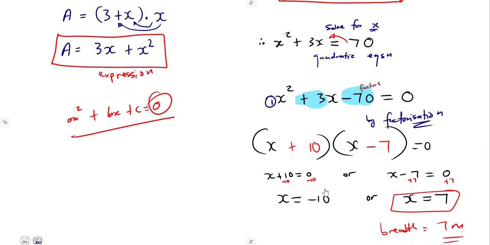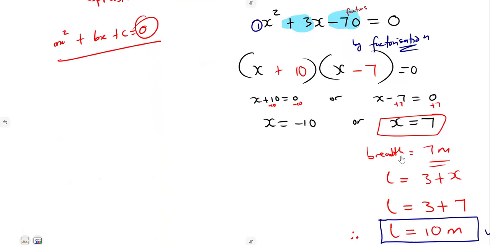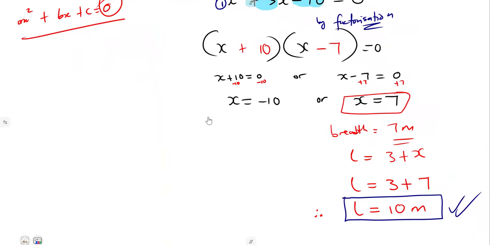It must make sense, the value of x. So for x being a negative, you can ignore it. Take the positive value. If our x is 7, representing the breadth, then the length is going to be 3 plus x, which is 3 plus 7. Then you've got 10.